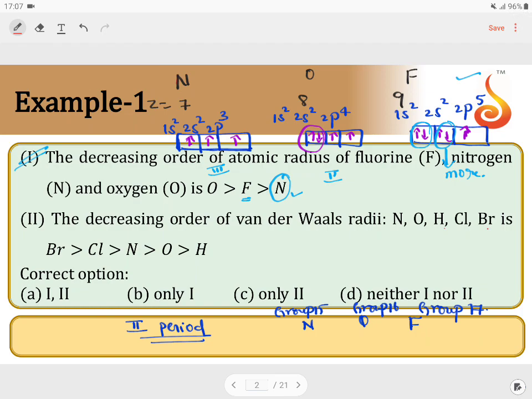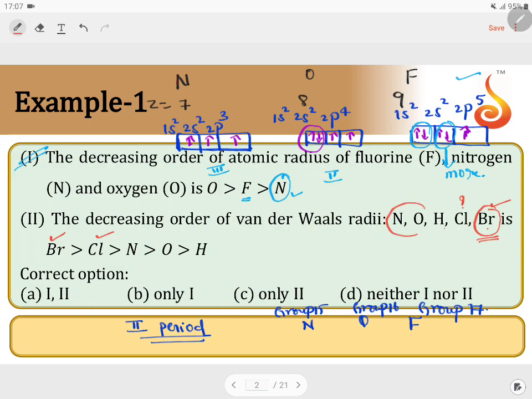And the van der Waals radius increases with increase in size or the mass of the given element. Now, among all of them, bromine will have the highest mass. Therefore, bromine has the larger van der Waals radius. Then second one is for chlorine.